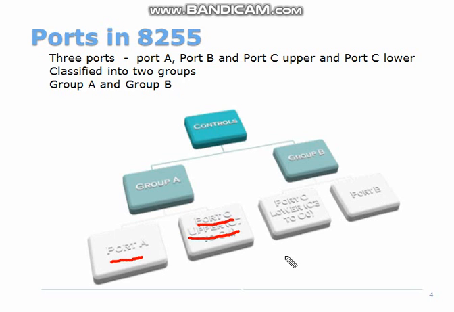Port C lower means PC0 to PC3, and port C upper means PC4 to PC7. So the C port is divided into 2. The first 4 lower bits will be under group B, and the higher 4 bits will be under group A. This is how the ports are classified in your 8255.